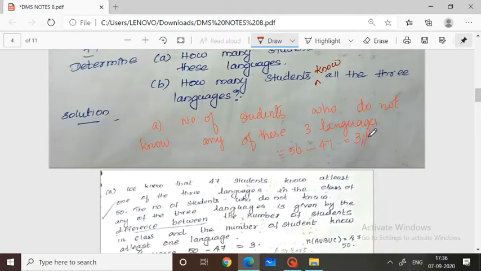Now 47 know at least one of these three languages. That means 47 students know A or B or C. That means the number of elements in A union B union C is equal to 47.